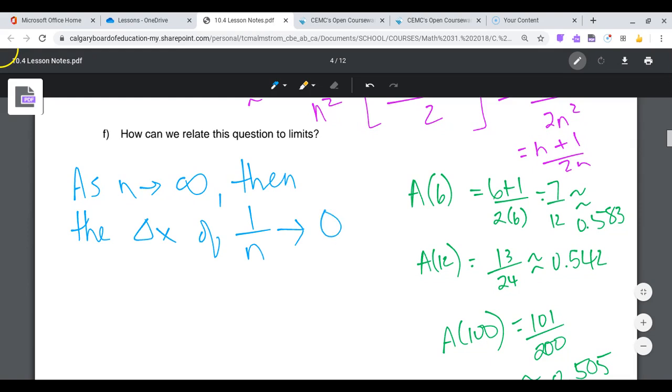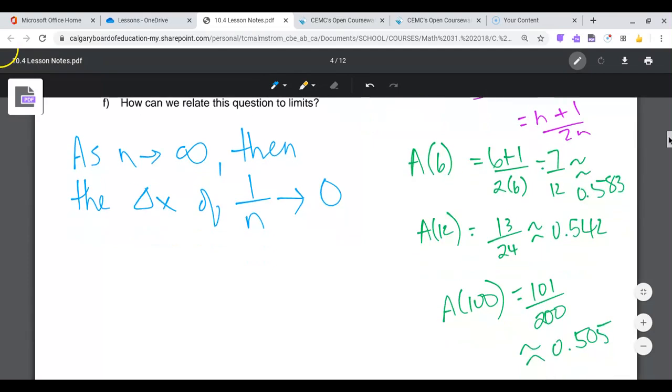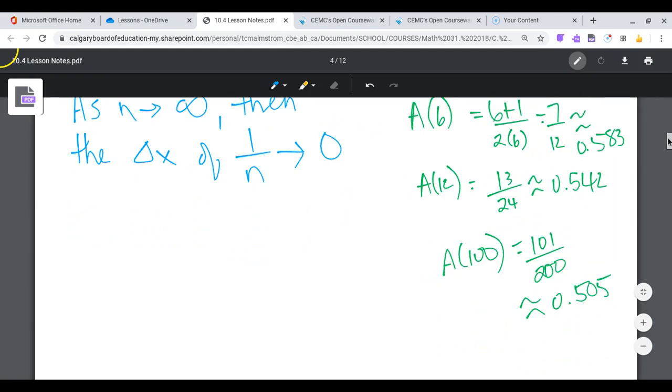So the more rectangles you try to shove under your curve, of course, the width is going to get narrower and narrower, so it's approaching 0. Then the sum of their areas is approaching the actual area of the region under the curve.